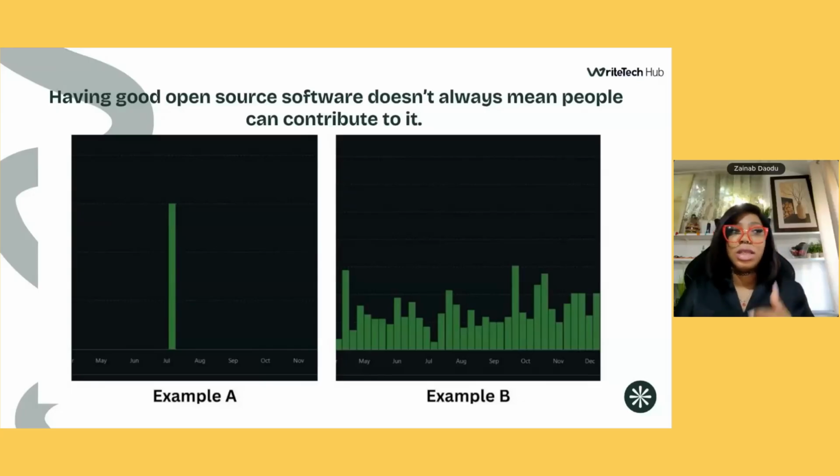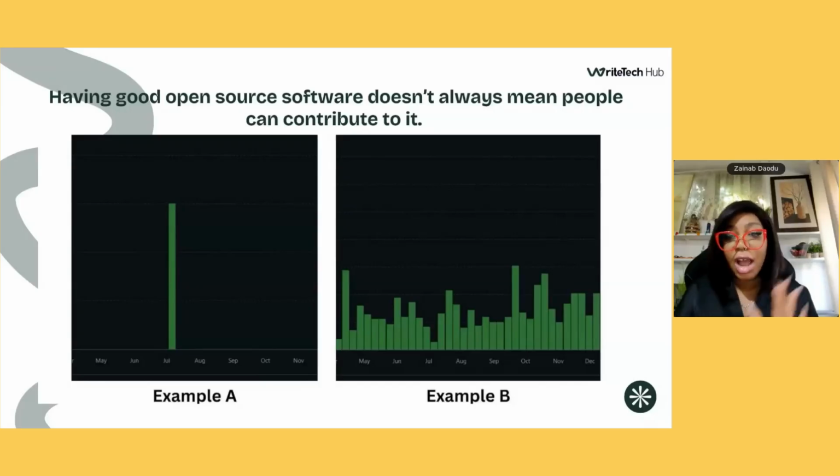The thread that connects the code and the community is what I'm going to be calling narrative infrastructure. You can see this simple illustration on the screen now. In example A, the project has very little activity over time, maybe just one person or a few people pushing changes. But in example B, multiple contributions happen more regularly and involve more people.